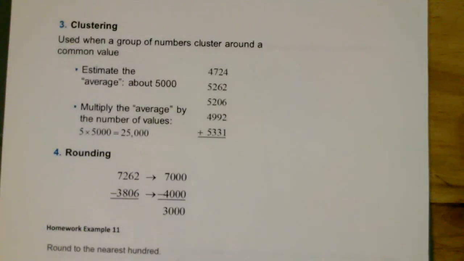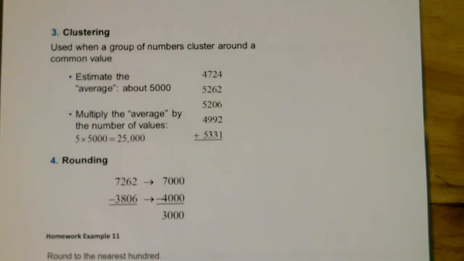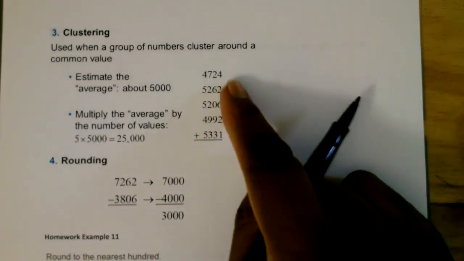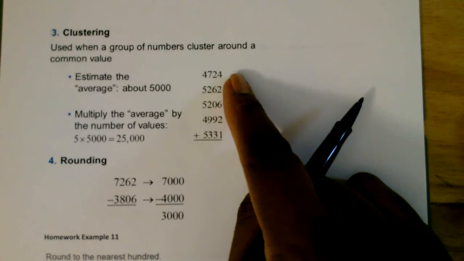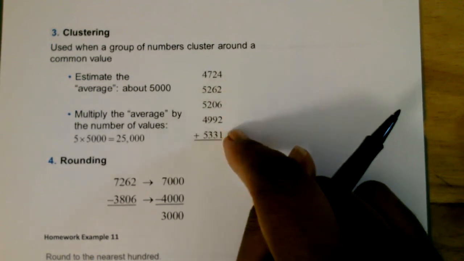All right, and next is the clustering method. This is number 3 in mental math in estimating. And that's used when a group of numbers cluster around a common value. Like for these numbers here, as you can see, these 5 numbers cluster around about 5,000.